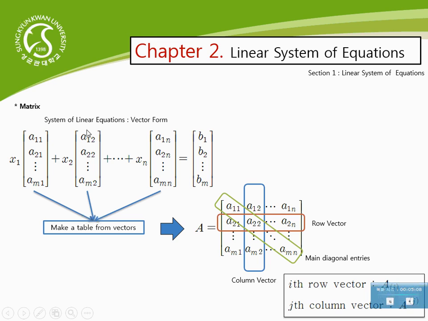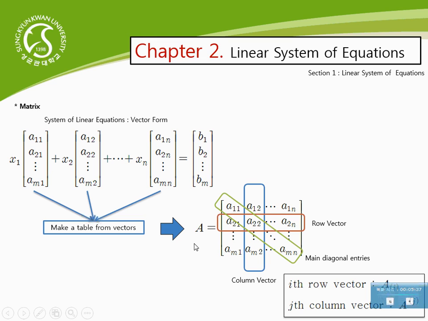Here, this is the system of equations in a vector form like this. And here, if we form a matrix with these vectors, the ai's, like this, the first column here, the second here, and the last here, then we can form an m by n array of entries.